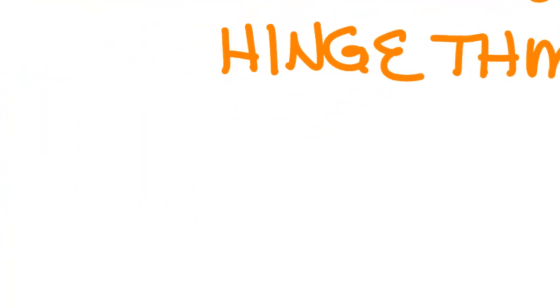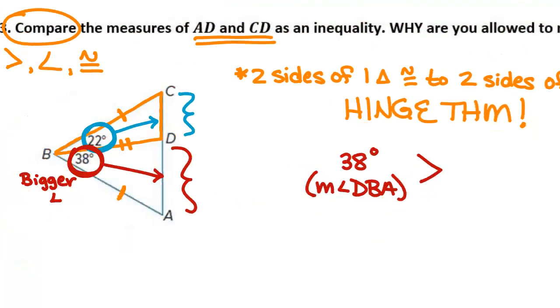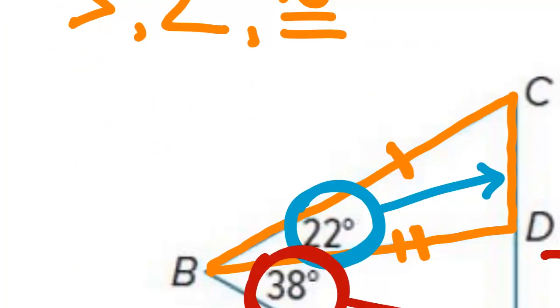So I would say 38 degrees, the measure of angle DBA, is greater than, it's bigger than what? The measure of angle DBC, here's my smaller angle.